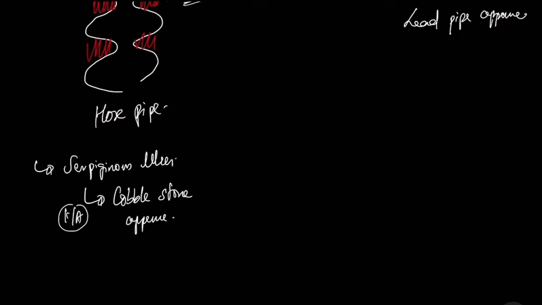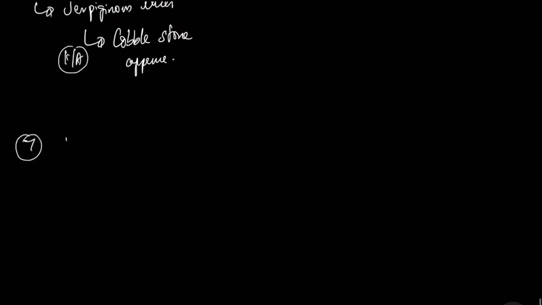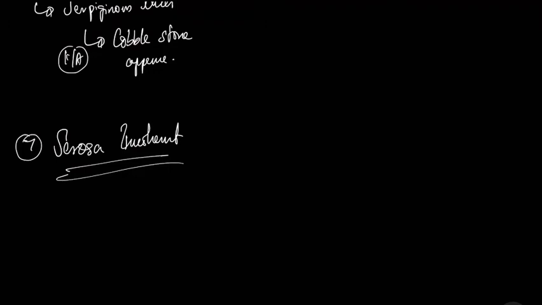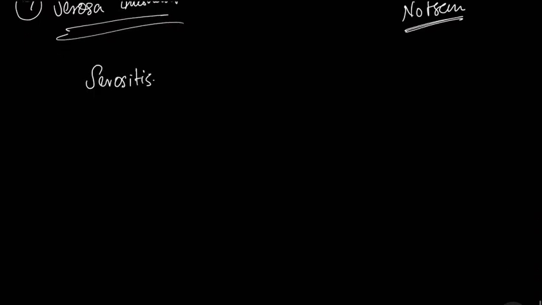Now, let's see the involvement of the serosa. In ulcerative colitis, not seen, but in Crohn's disease, what happens is there is inflammation of the serosa, that is serositis. Now, this leads to rupture.